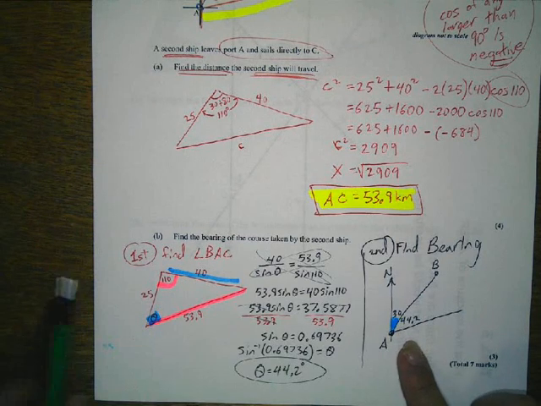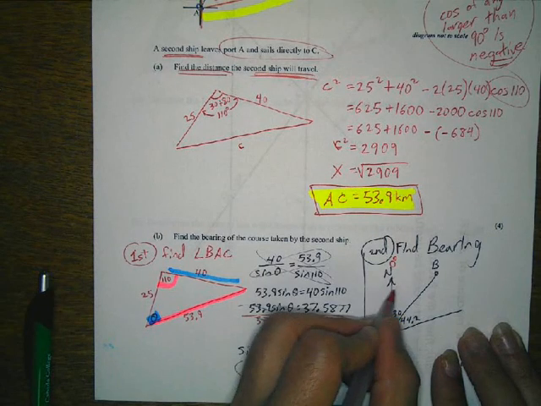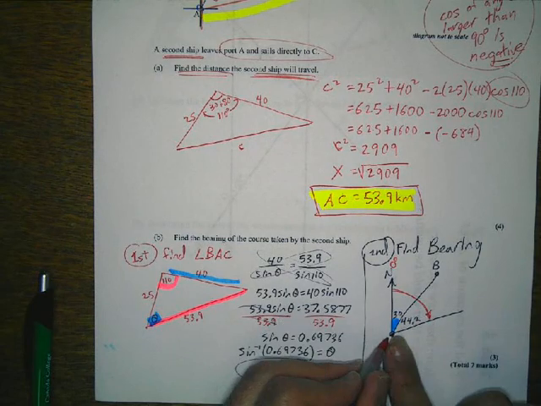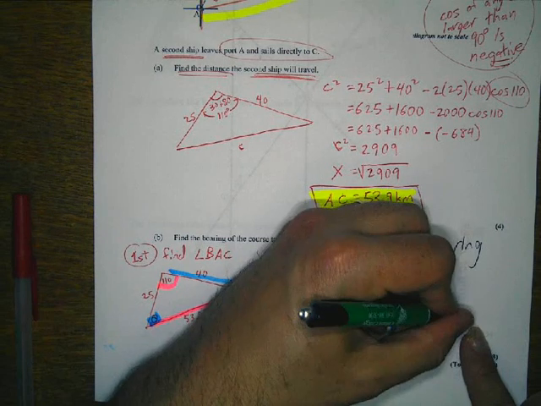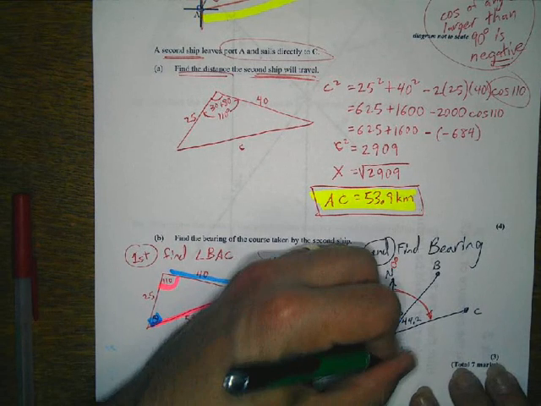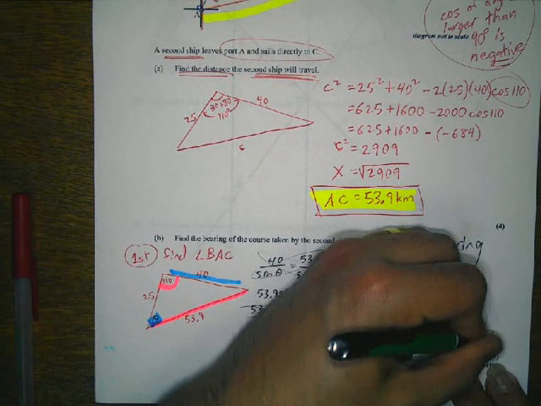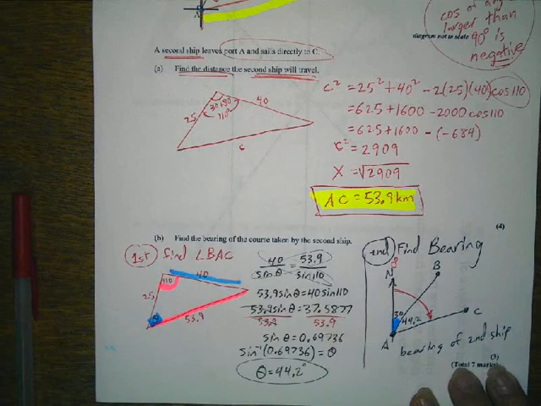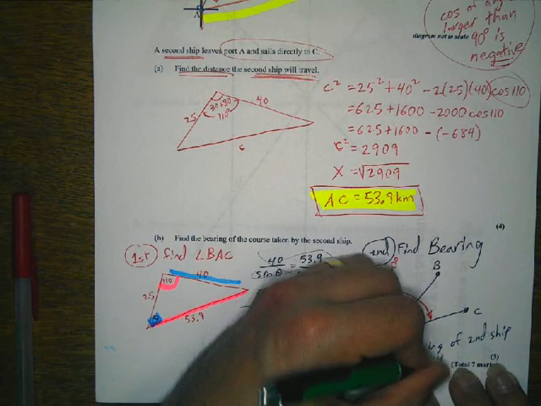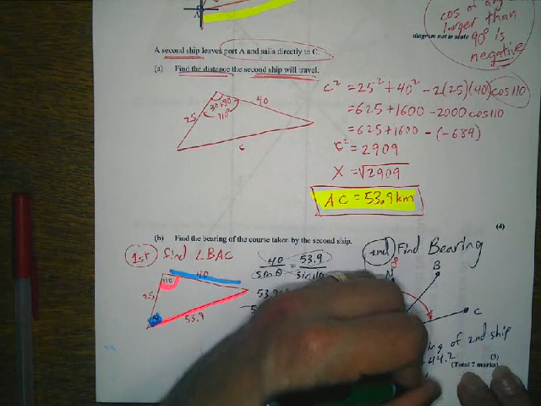So to figure out our bearing, we're starting at 0 north, and we're going all the way this way because we want to know what bearing we have to go from A to point C. So the bearing of the second ship is going to be 30 plus 44.2, which is going to be equal to 74.2 degrees.